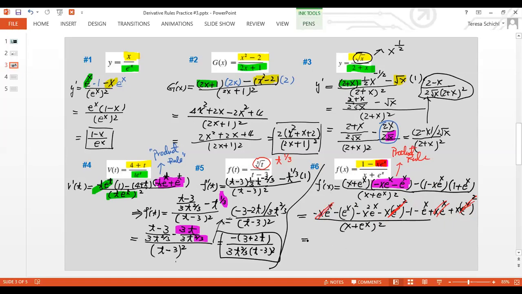So now in here, I have x plus x to the square. So I have negative x square, minus x square x, minus 1 minus x, and that's it.